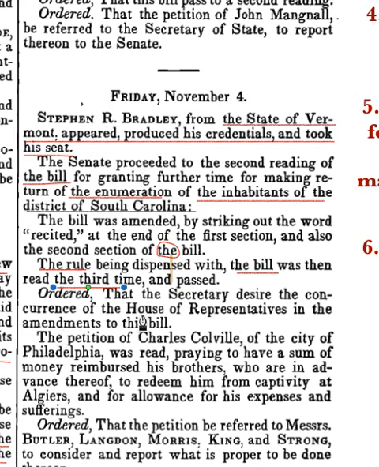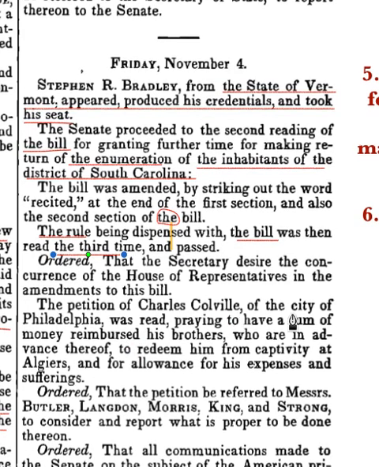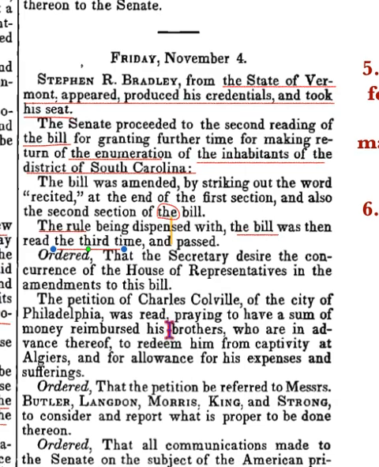The concurrence, okay, that the Secretary desire the concurrence of the House of Representatives in the amendments to this bill, the petition of Charles, the city of Philadelphia.